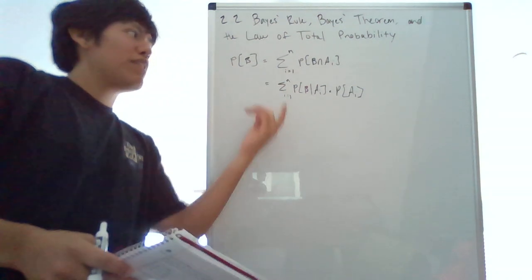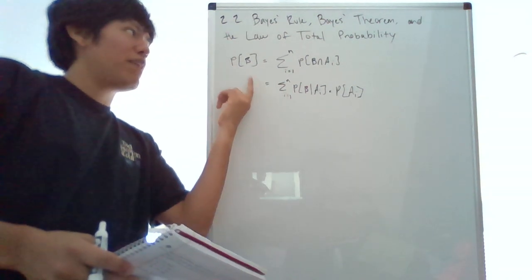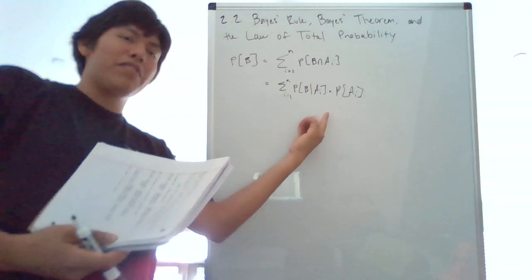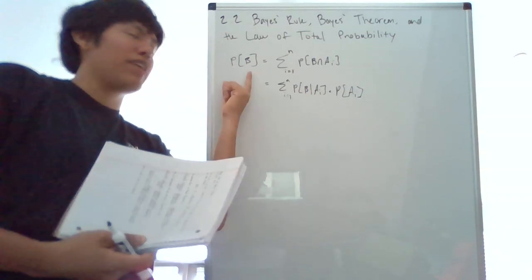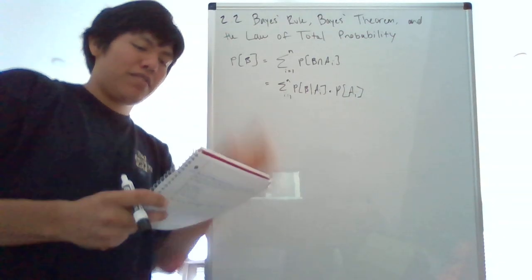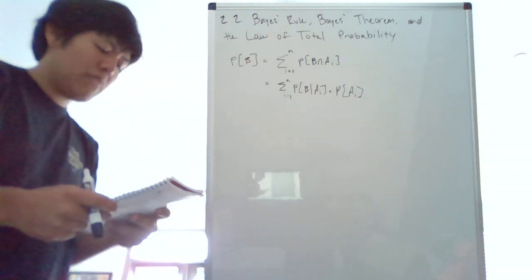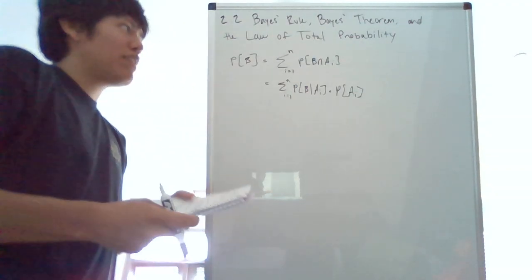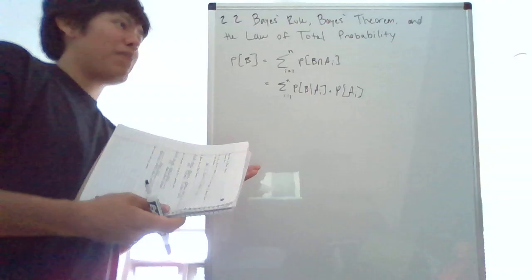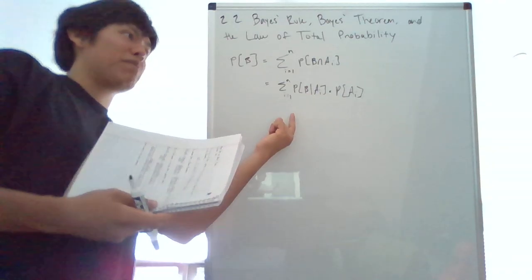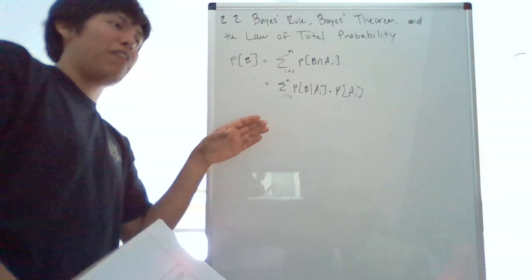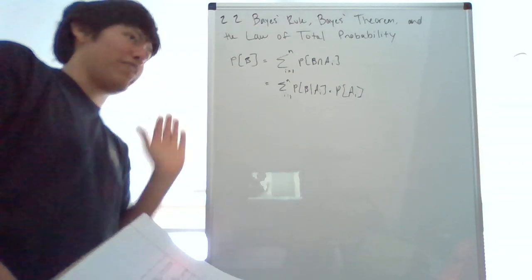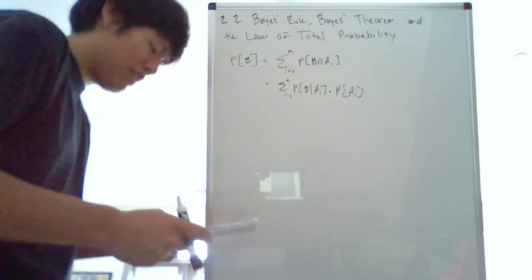We're just adding up all those probabilities to get the total probability of B. And this same concept applies to the extended form of Bayes' rule, where instead of having 2 scenarios, now we have 3 or more.